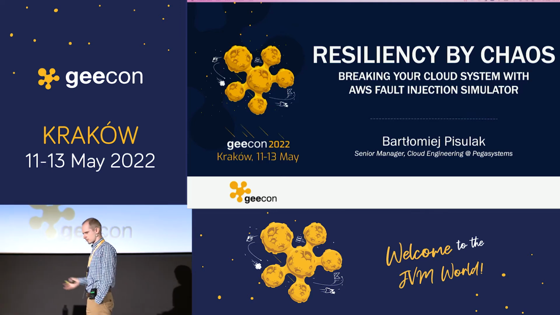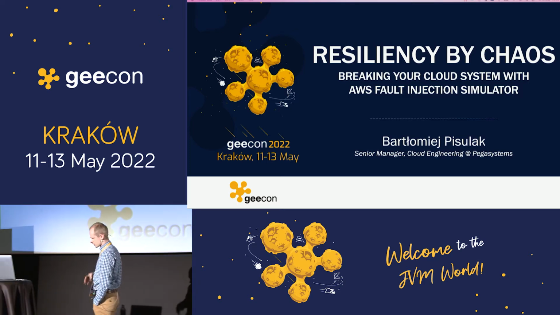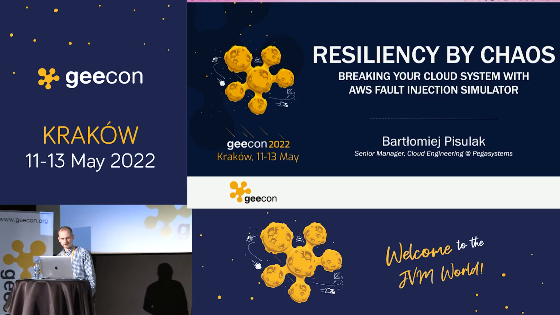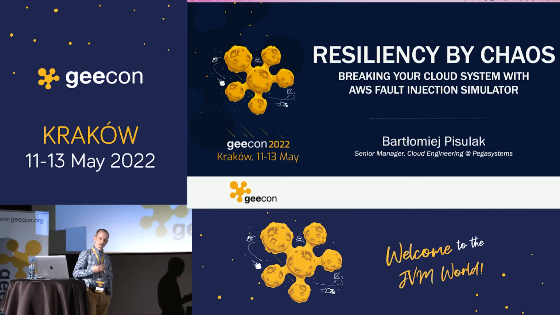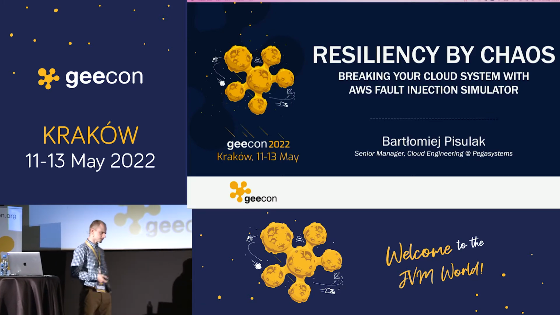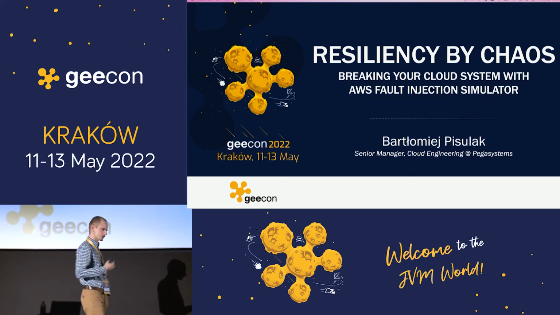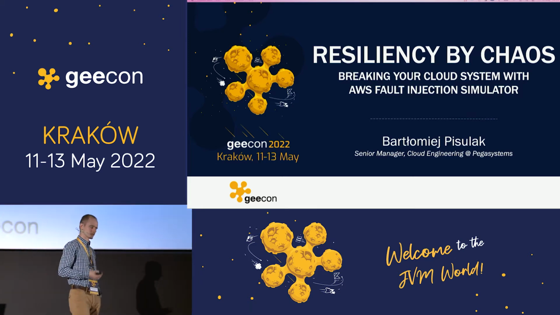So this is a theory about this approach. The second purpose of this presentation is to give you a taste of AWS Fault Injection Simulator, a tool that really gives you the possibility to introduce chaos engineering easily for your cloud system hosted on AWS.